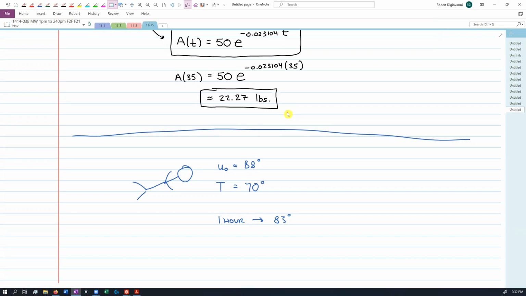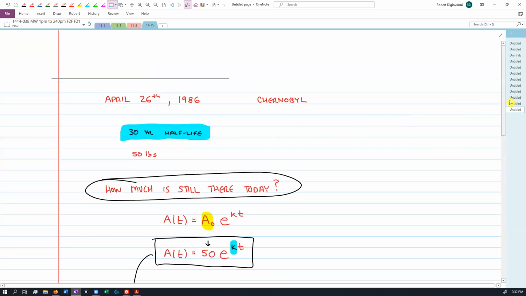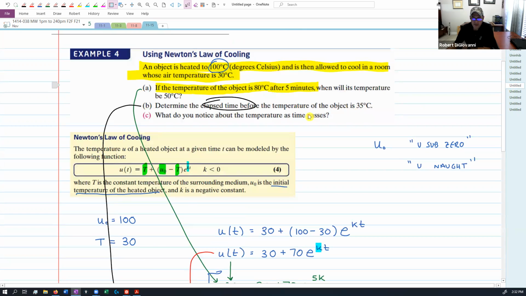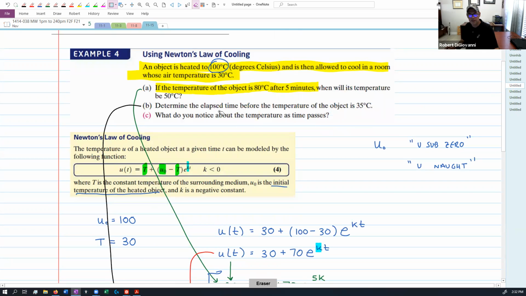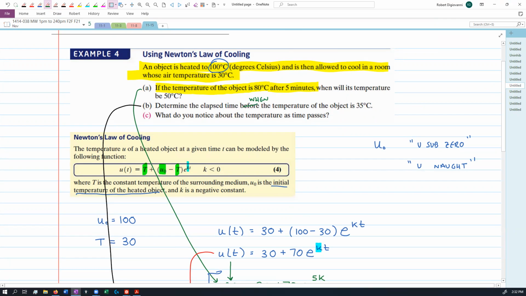Sir, does it make a difference that the question says before it reaches 35 degrees Celsius? You mean, are they saying, do they mean as in? I think it should be worded, determine the elapsed time when it reaches. Yeah, that's kind of bad wording, because what would be before 35?